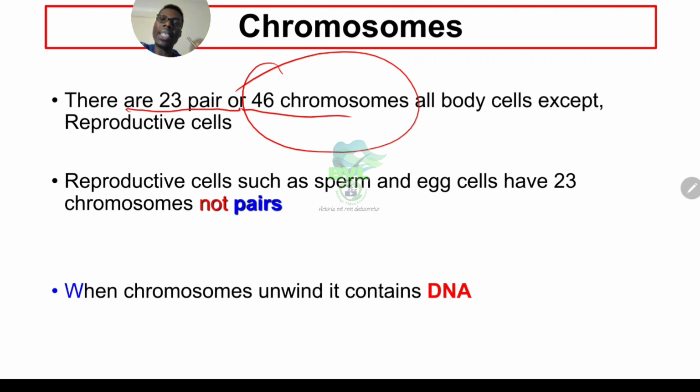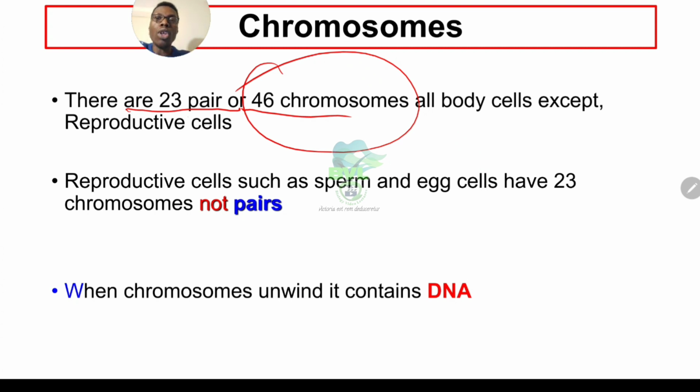We often say that humans have 46 chromosomes. It should be said really that a single cell in a human has 46 chromosomes, because if a single cell has 46 chromosomes, you can imagine how many cells we have.